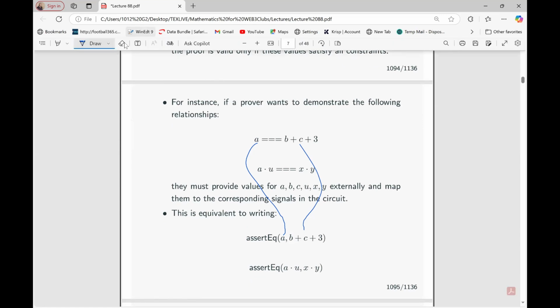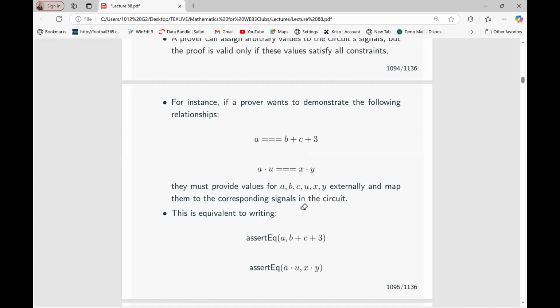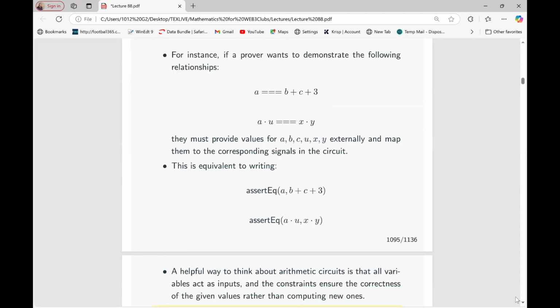So when we come to that, we have to recall that is how we can write it. So for the prover to demonstrate he knows these values, he's supposed to provide A, B, C, U, X, and Y. And those values must satisfy the two equations given here, not just one equation.